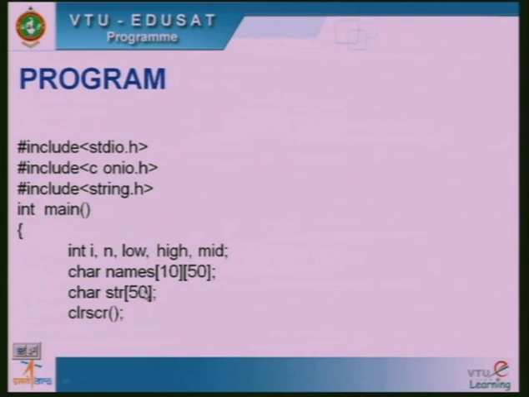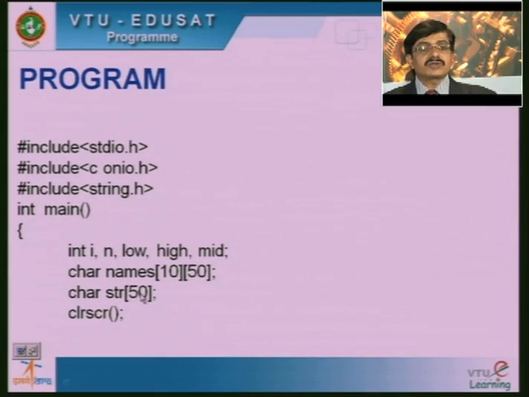Then I am using one more array called str, an array of 50 characters. This is the key string, the name I am supposed to search in the list. It could be called key also; whatever the programmer prefers. n is the number of strings I am reading, and i is the loop iterator.